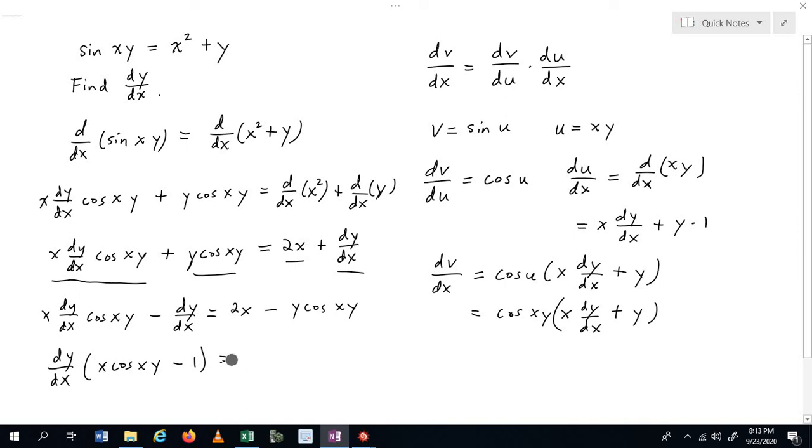And that's equal to 2x minus y cosine of xy. Then now all we have to do is divide by this x times cosine of xy minus 1, divide that to the other side, and you'll get dy/dx by itself.